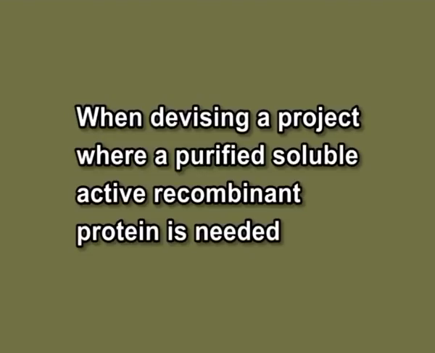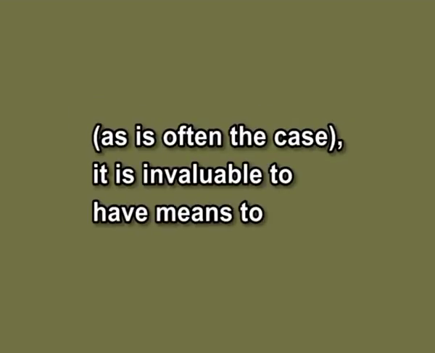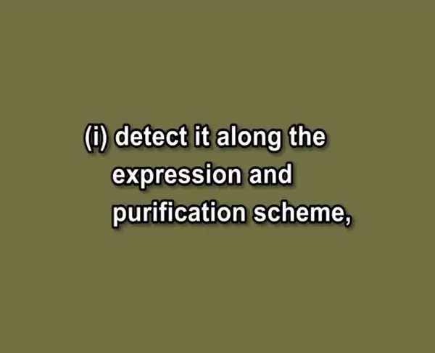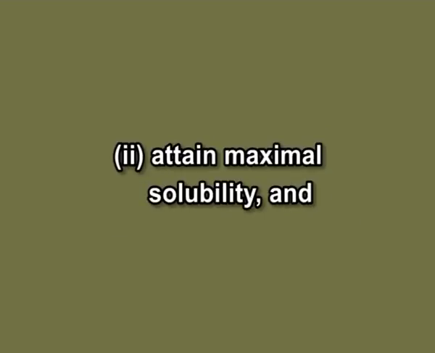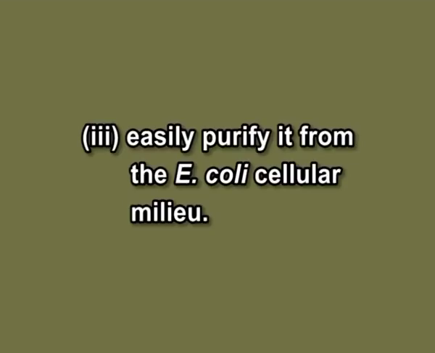When devising a project where a purified soluble active recombinant protein is needed, as is often the case, it is invaluable to have means to detect it along the expression and purification scheme, attain maximal solubility, and finally easily purify it from the E. coli cellular milieu.